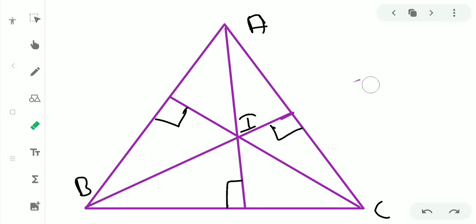I'll name them D, E and F, D here, E and F. So now let us take first these two triangles, triangle BID and triangle CID.